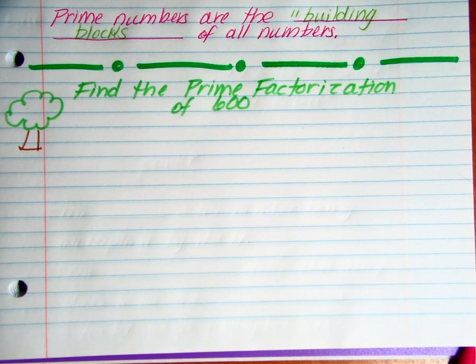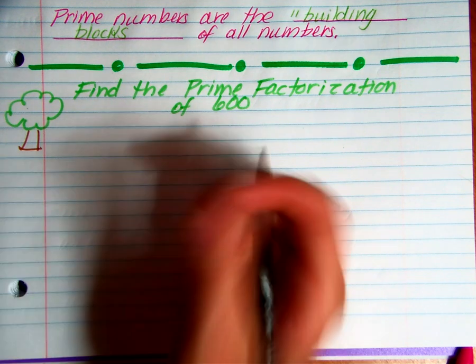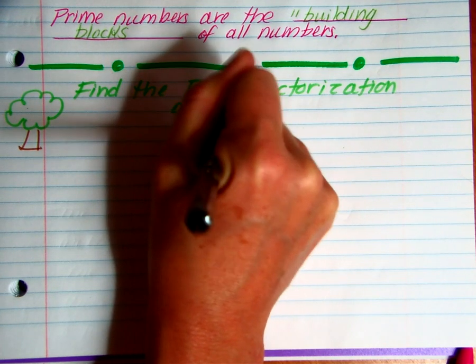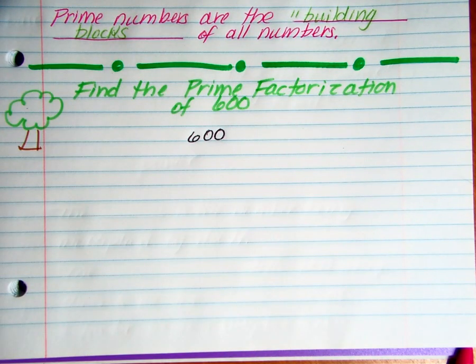Here's how it works. Start with 600 at the top, and we're going to branch out 600. We're going to break it down using factors. So something times something makes 600.